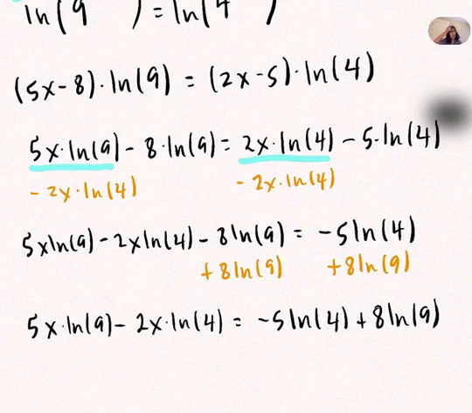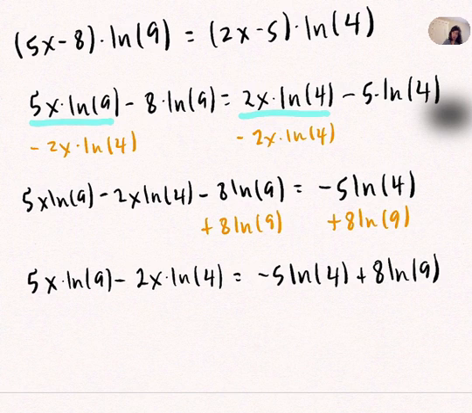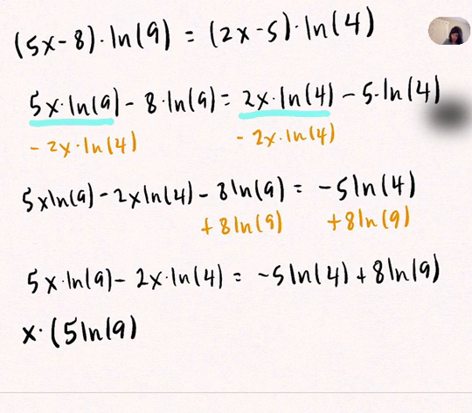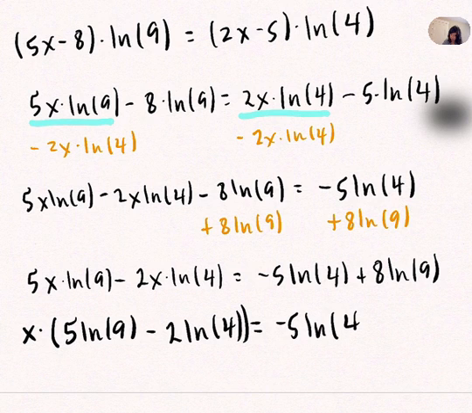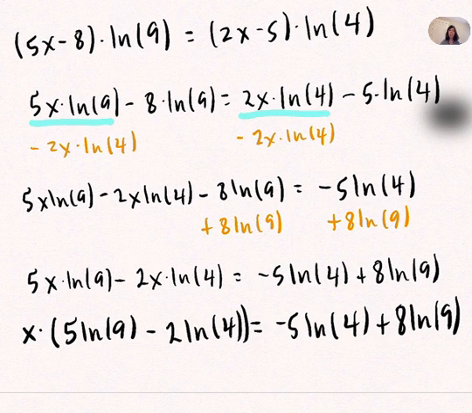How do I solve this from here? Now that you have all the x's on one side, you can factor out an x. So I'm going to factor out the x from the left to get x times 5 ln of 9 minus 2 ln of 4. And from here, I can divide both sides by this entire thing.